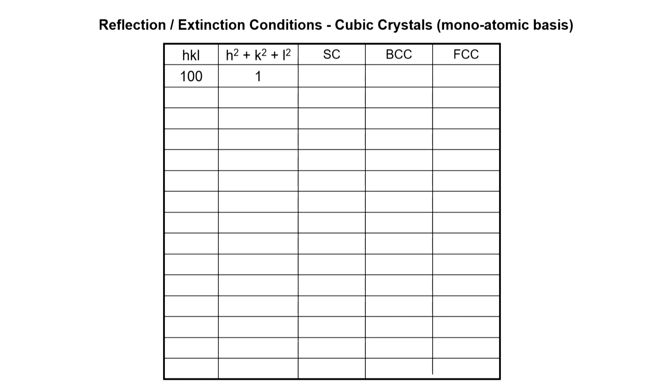So, consider the reflecting plane to be 1 0 0, then h squared plus k squared plus l squared is 1. This will be required later, and we get for simple cubic there is no extinction, while the crosses indicate that for body centered cubic and face centered cubic, for the 1 0 0 plane there would be extinction, and we will get no diffraction peak for the body centered cubic and the face centered cubic crystal.